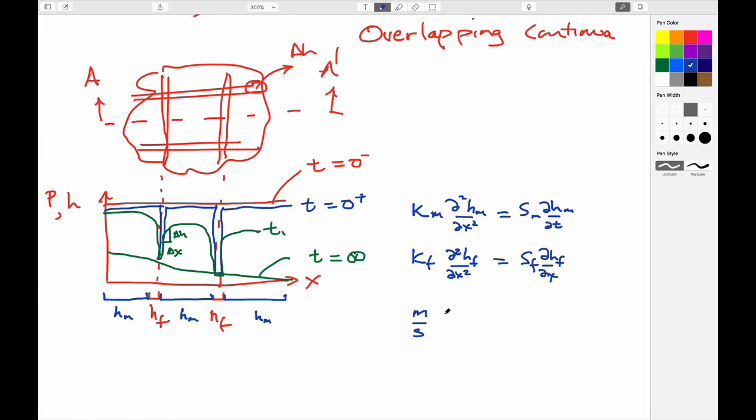This is meters, head is meters, and this is over meters squared. And so the units of this are rather strange units of 1 over seconds. But you could also write 1 over seconds as meters cubed per second per meter cubed. So all I've done is multiply top and bottom by meter cubed.